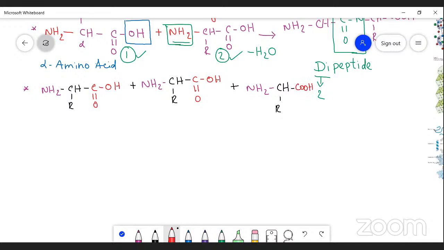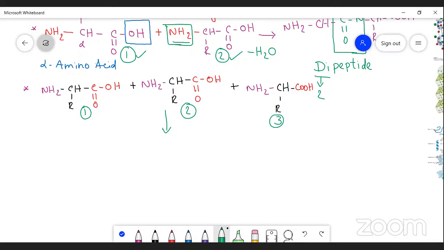So we are taking 3 amino acids: here is 1, 2, and 3. Now the 3 amino acids are joined together, and the NH2 group of one amino acid reacts with the COOH group of another amino acid and makes a peptide bond.